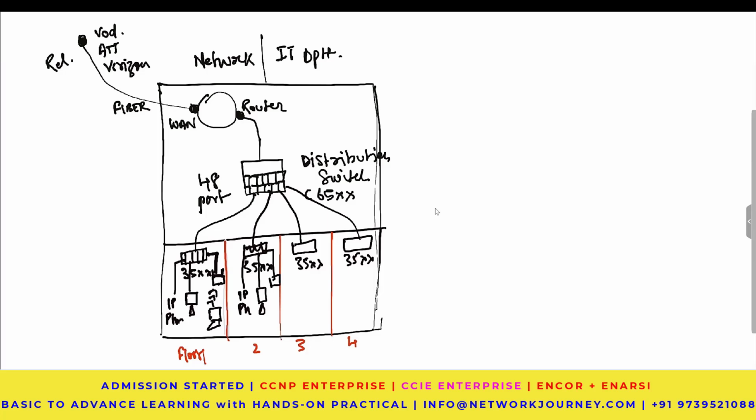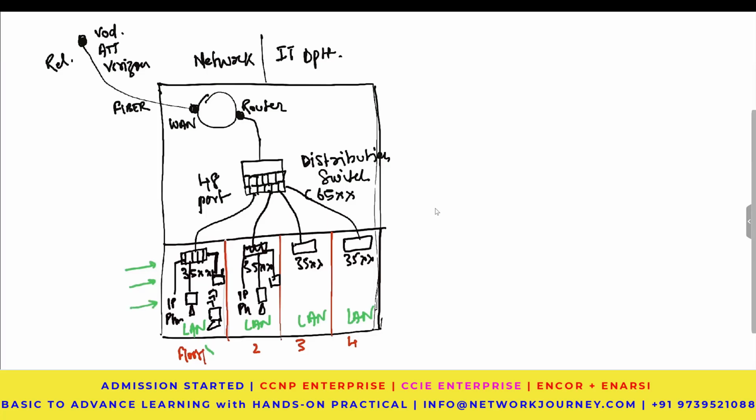And each floor can be later divided in terms of multiple subnets. In case you have the sales team and marketing team and engineering team and IT team sitting on each floor, then you have to divide it again logically, or virtually, in different subnets, so that there is no security breach and all those things.